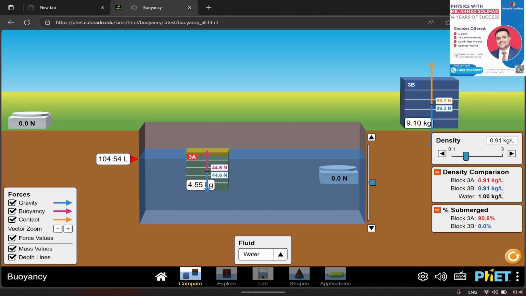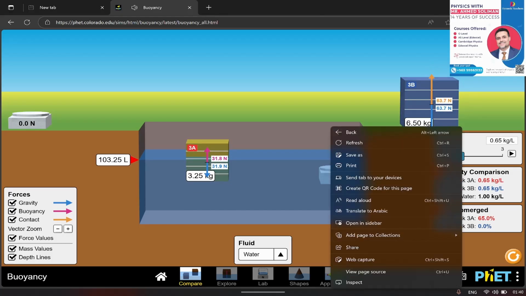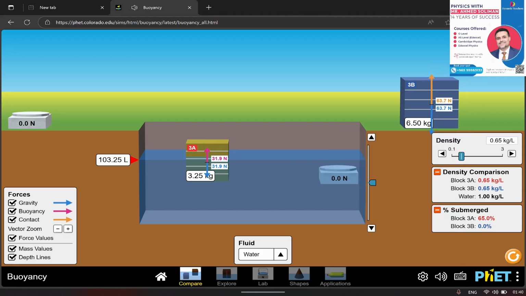So as you see, as the object density decreased, what happened? The volume of the object submerged under the surface of the water will decrease. Also, every time the density decreases, the volume under the surface decreases.